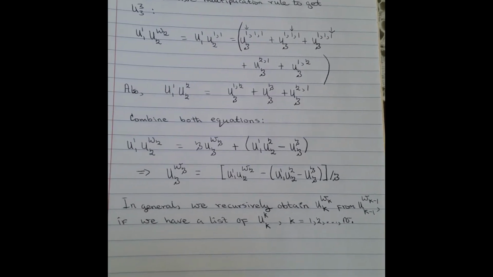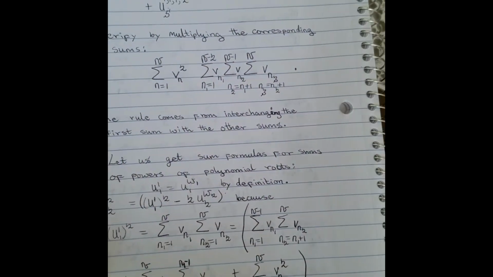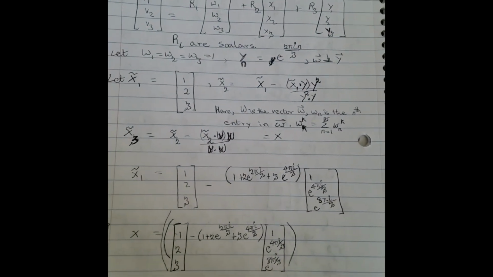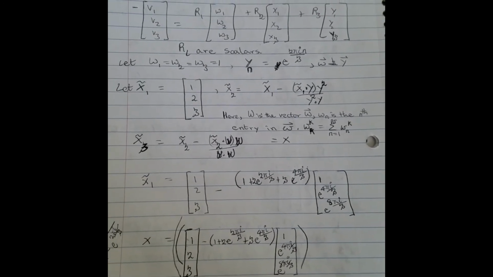So now let's get an example for the cubic polynomial. We start with the roots v1, v2, v3.